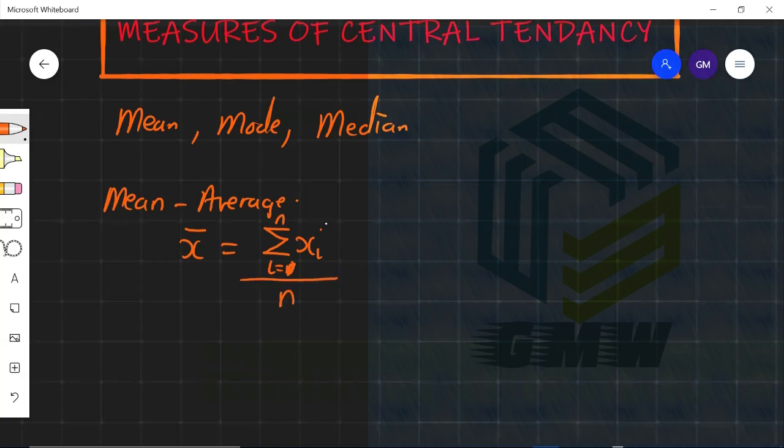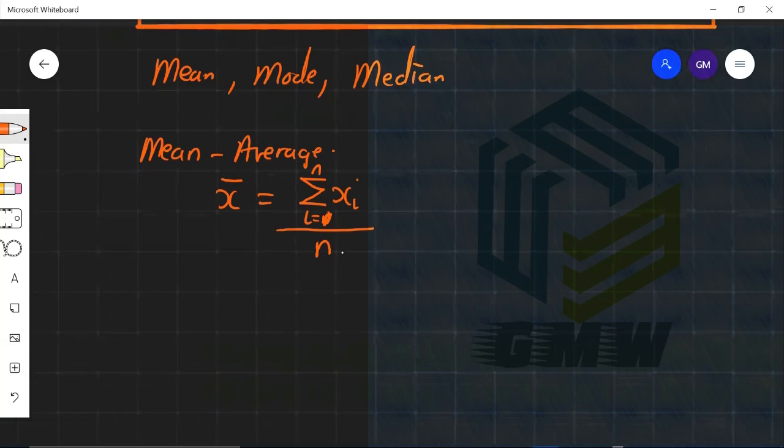What it means is we just add all the data points and divide by how many they are, okay?